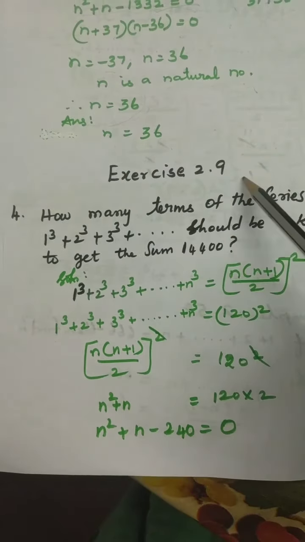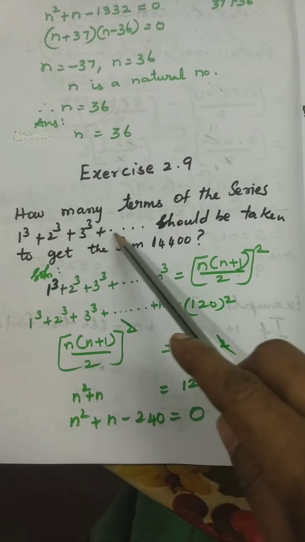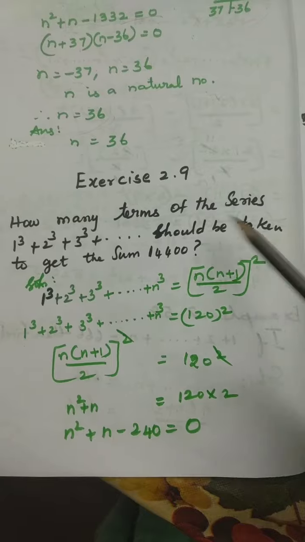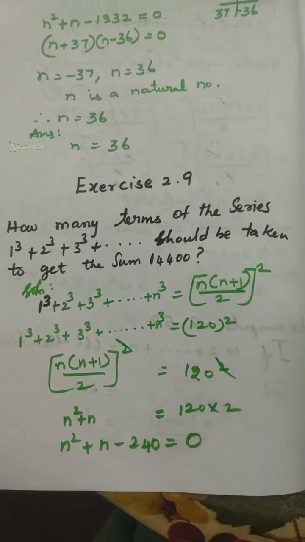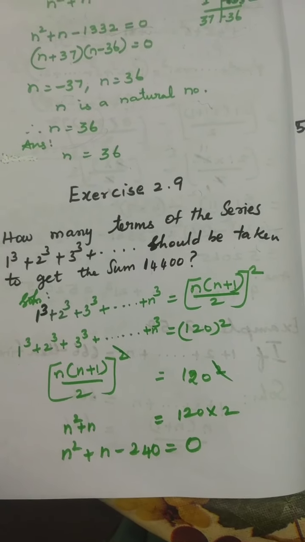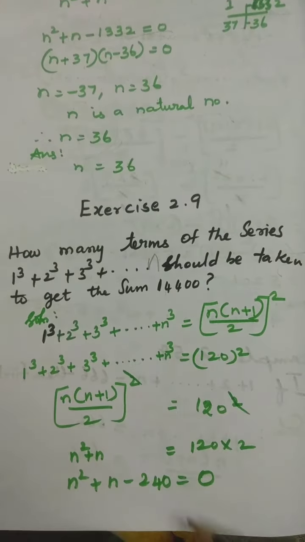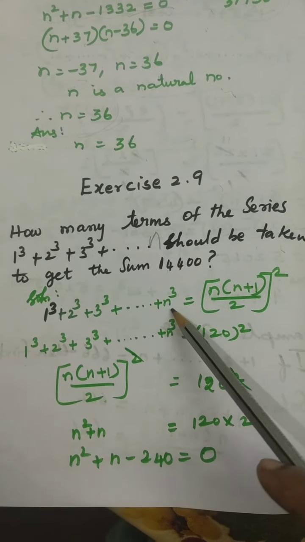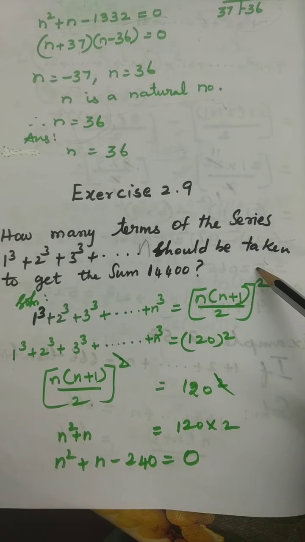Now exercise 2.9. How many terms of the series 1 cube plus 2 cube plus 3 cube and so on should be taken to get the sum of 14400? Here also they asked for n terms. You don't know the nth term, isn't it? So 1³ + 2³ + and so on + n³ is equal to [n(n + 1)/2]².